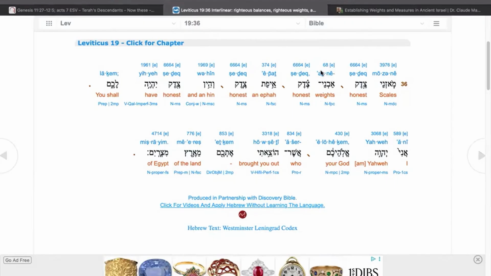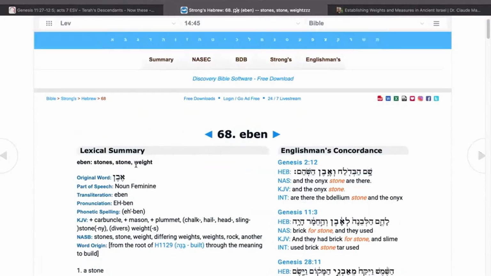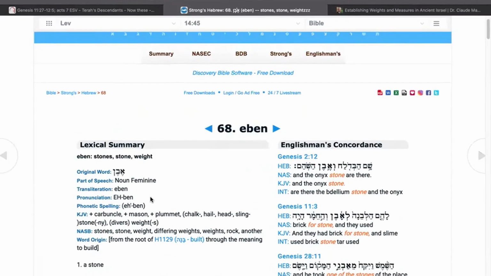But if we click on here to get the actual word, the word is stone. Eben. It could be stone or weight, but it's stone.